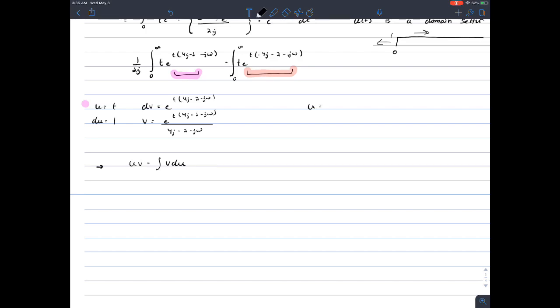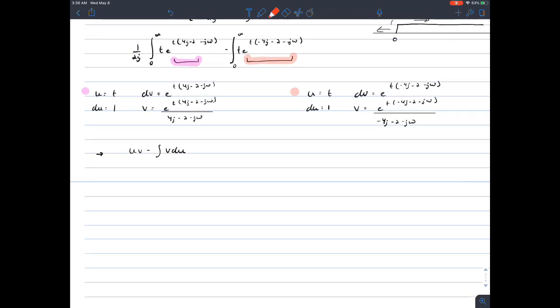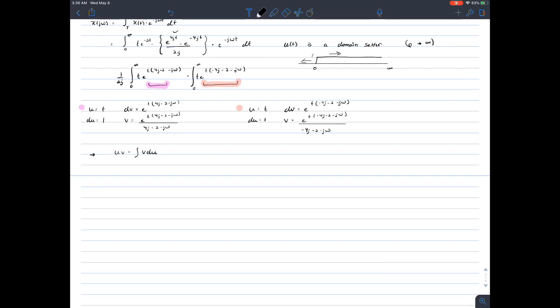This one's u is going to be equal to t, we're just going to leave the negative sign out there and not mess with it. du is going to equal 1. dv is going to be equal to e^(t(-4j - 2 - jω)). v is going to equal e^(t(-4j - 2 - jω)), all divided by (-4j - 2 - jω). And color code this so you can understand what's going on with what. Okay, so this is going to be a long process here.